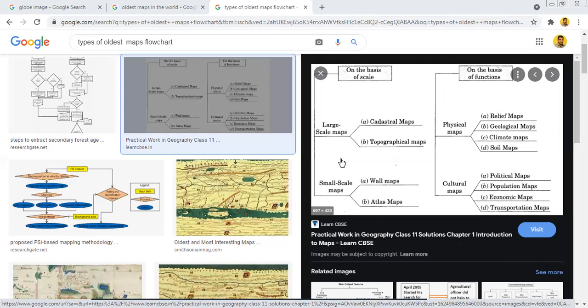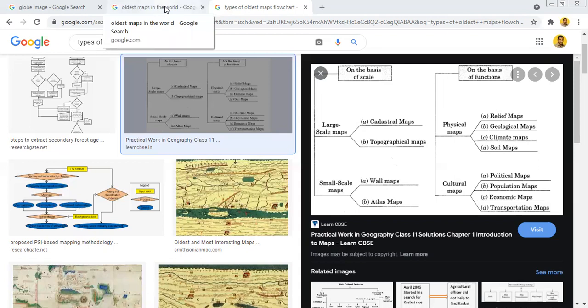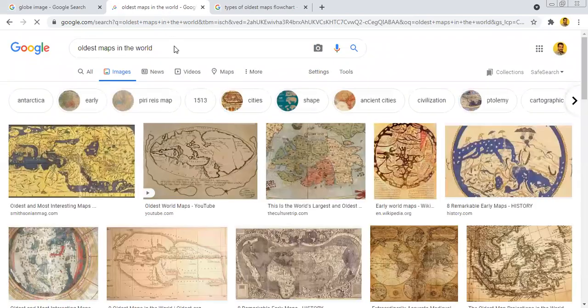About 2000 years ago they tried to prepare the world map. We can see the pictures here.